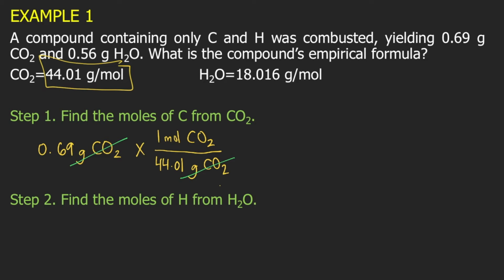But remember, what we need is the moles of carbon. So we will convert moles of carbon dioxide into moles of carbon. Just by looking at the chemical formula of carbon dioxide, CO2, that means for every 1 mole of carbon dioxide, there is 1 mole of carbon.